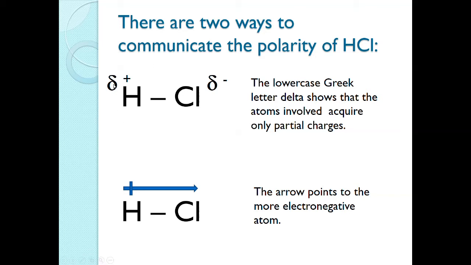So again, hydrogen is partially or slightly positive. Chlorine is partially negative. We can also use this arrow right here. The arrow points to the more electronegative atom. Hydrogen, notice how this looks like a positive sign. So hydrogen is slightly positive, and the arrow is pointing towards the more electronegative atom.